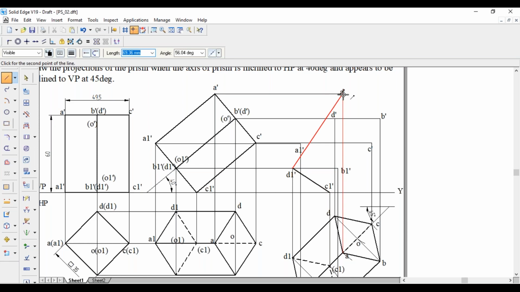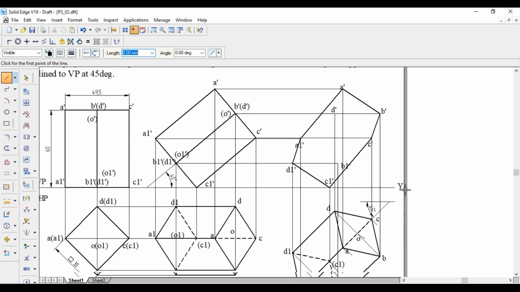Next A dash, B dash. If you go directly for C1 dash, C dash is coming outside, so C dash. Afterwards C1 dash. So these are the outermost points. Join these outermost points with continuous dark line.